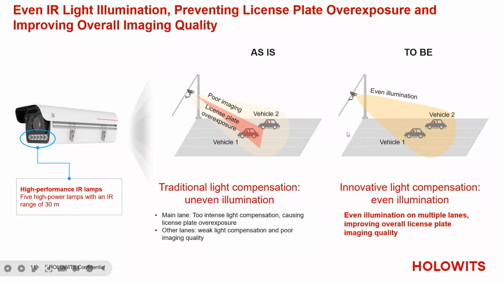But HOLOWITS supports 30 meters even illumination on multiple lenses, improving overall license plate imaging quality. This is the difference between the competitor and our illuminator, and the issue with traditional light compensation.